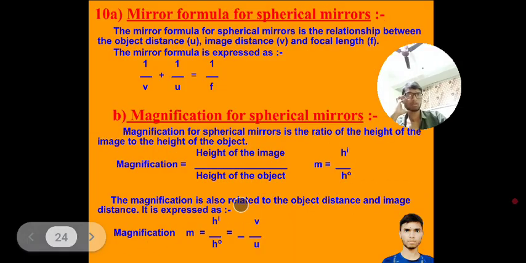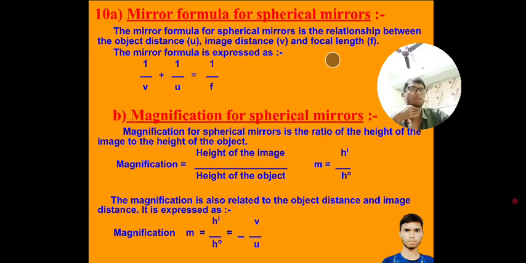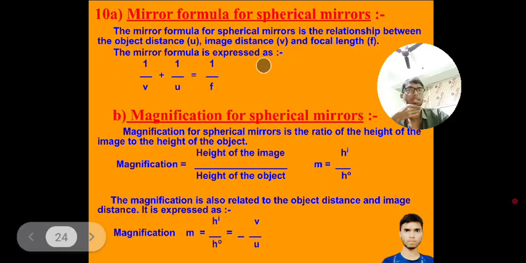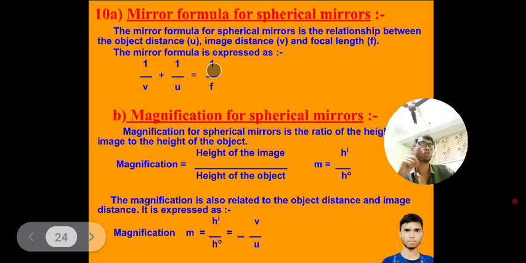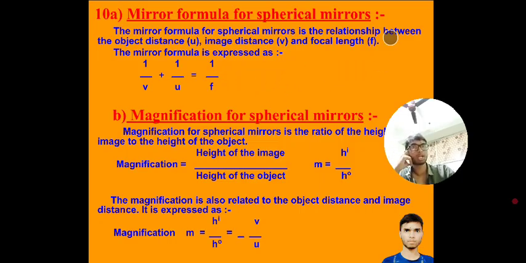Next, the mirror formula for a spherical mirror. The mirror formula for a spherical mirror is the relationship between the object distance, called u, the image distance, v, and the focal length, f. First the object comes, then the image.